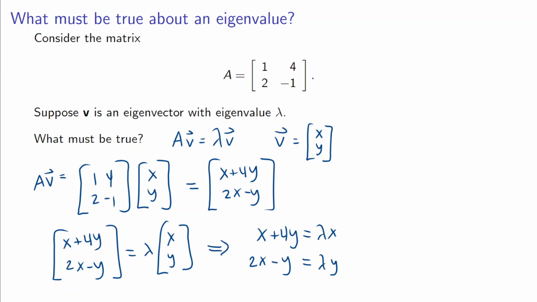But if we move everything to one side, then this all implies that x minus lambda x plus 4y equals 0, and 2x minus y minus lambda y equals 0. Let's move back up here.